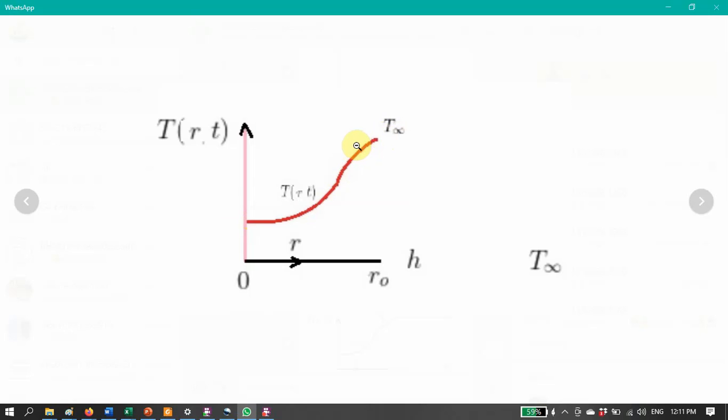This is what we understood from the Fourier law of conduction. There should be some gradient at r0, and at that location the temperature will be T surface, not T infinity. I'm going to change it again, so it should be T surface, right? And then far away from it, there will be the fluid temperature.